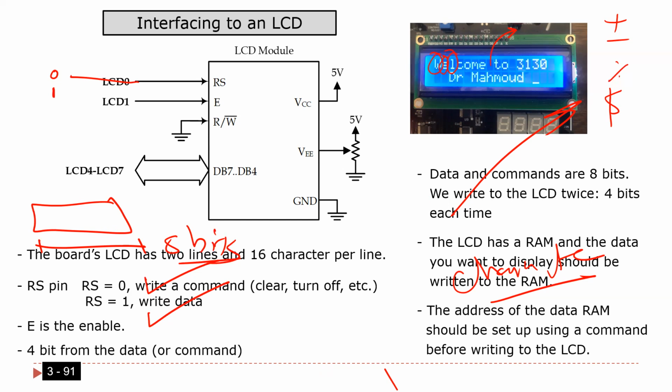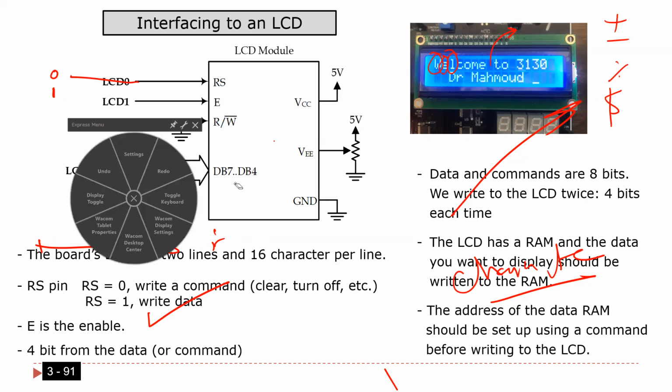Actually, this LCD, as you can read in the data sheet, you can use it in two modes. In one mode, we call it 8-bit mode. In the second mode, we call it 4-bit mode. So what does this mean?